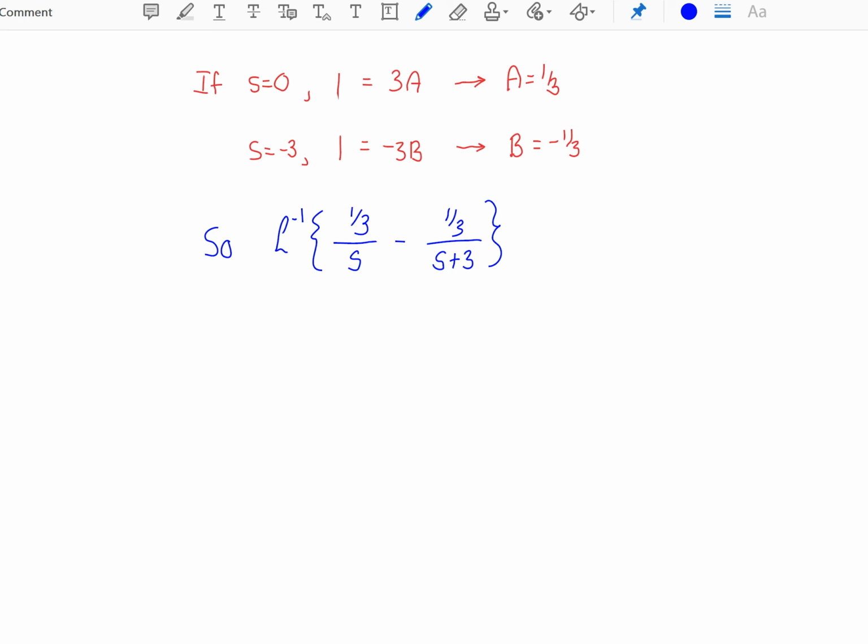And because your Laplace transform is a linear transformation that preserves vector addition and scalar multiplication, we can write this as 1/3 inverse Laplace transform of 1 over s minus 1/3 inverse Laplace transform of 1 over s plus 3. And each of these we should recognize now.